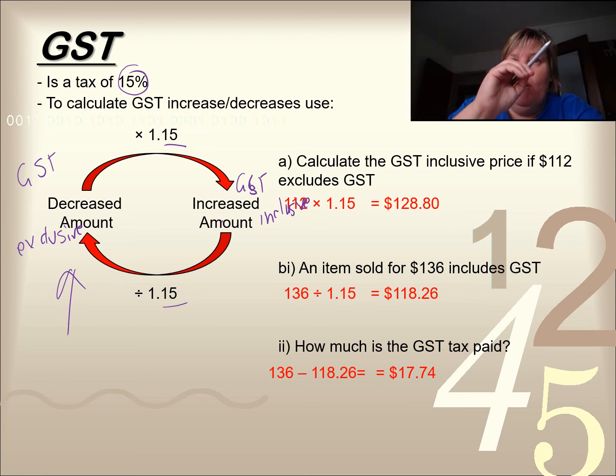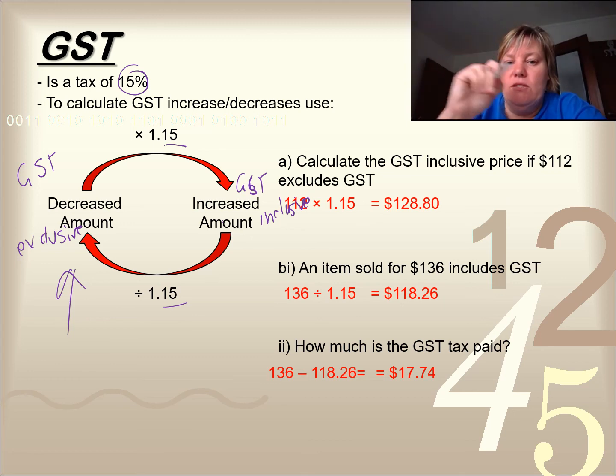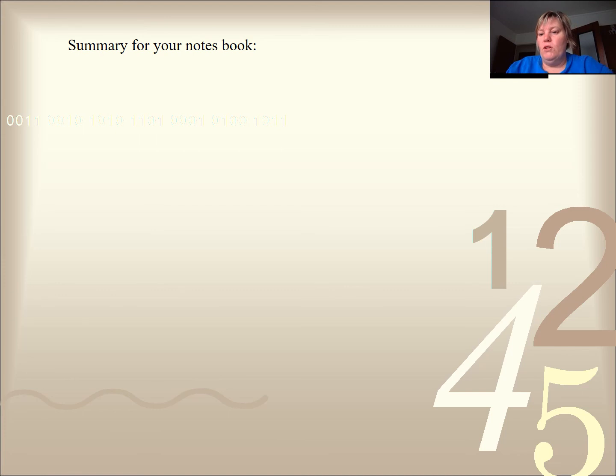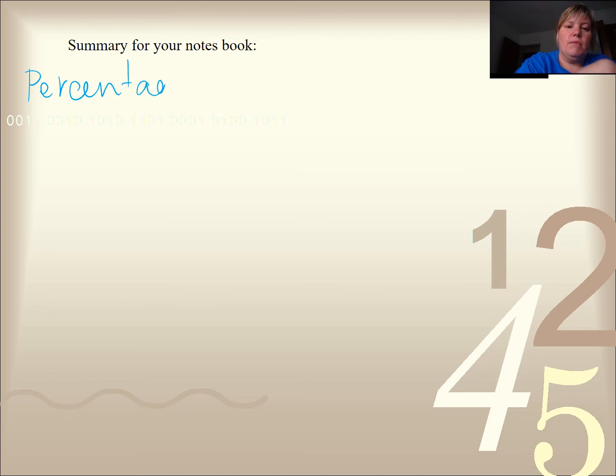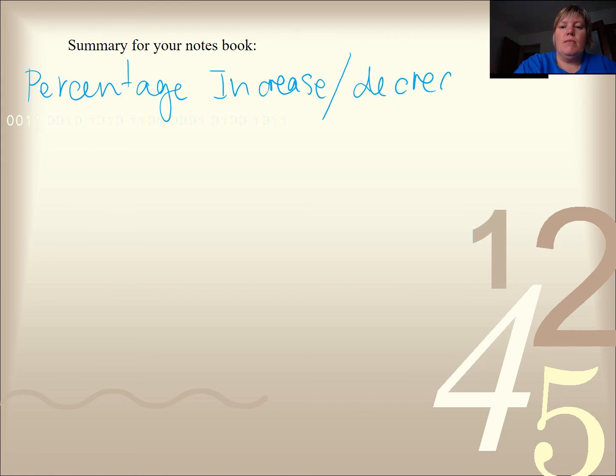This little diagram I often put onto a test paper. I have a little arrow and I go pre, post, and I do times 1.15 and then divided by 1.15. So let's do a summary for your notes book. We know that percentage increase or decrease is equal to the difference over the original times 100.